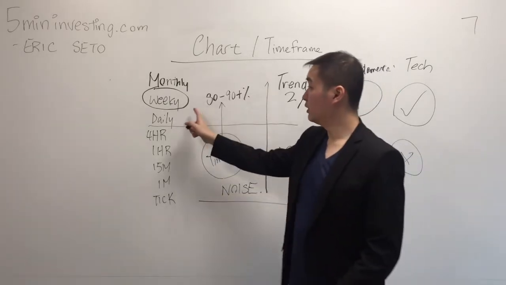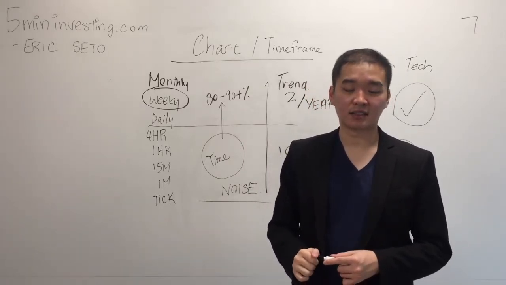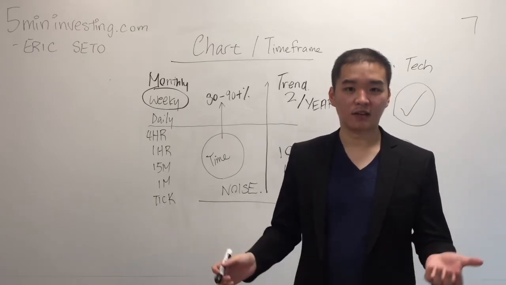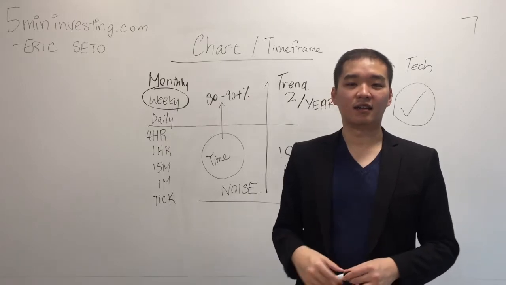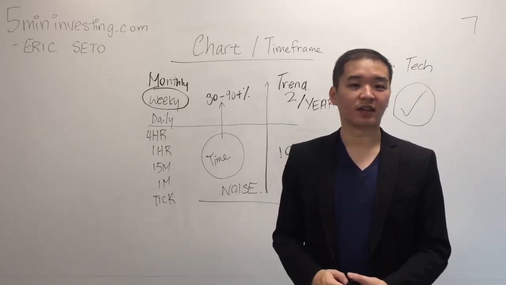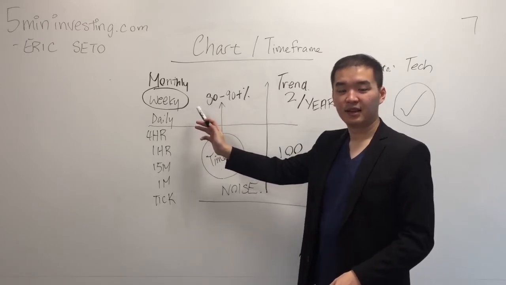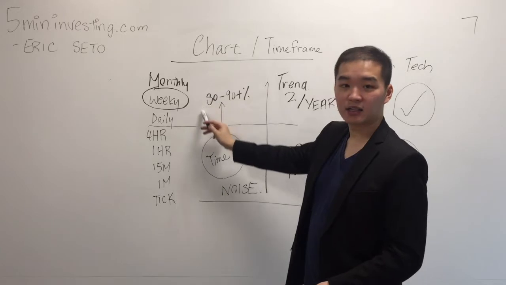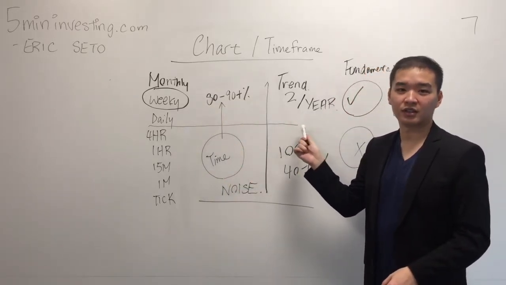And by using only weekly charts, I only spend 5 to 10 minutes a day investing. That's it. I quickly scan through all the weekly charts for the day, because obviously there's only one candle a week. And then I only dig further if I see something interesting. So this allows you to save the most time while getting the best opportunities, which is the highest probability trade, and gives you the largest profits.